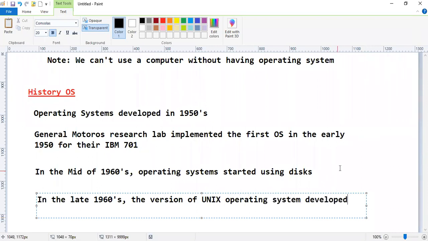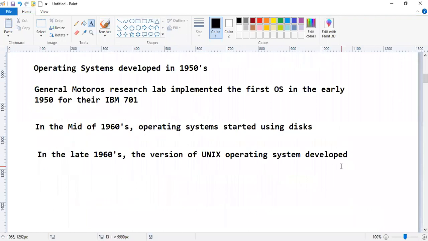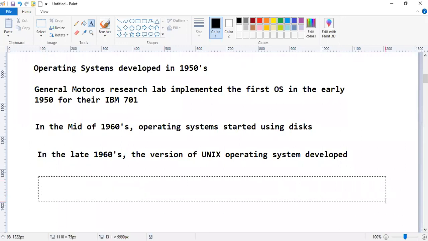So the Unix operating system came in the 1960s. After that, the first OS built by Microsoft was DOS.